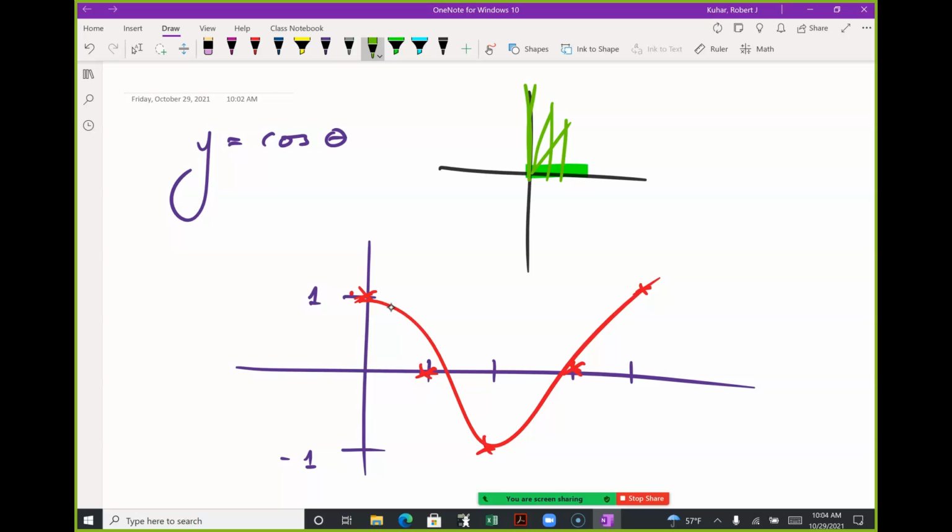It's getting smaller. When I get all the way to the vertical, there is no base anymore. That's my 0 here. And then just follow that base around. It's getting bigger again, all the way to the end. But it's in the negative x direction, so it's -1. Are you following me with that, the cosine curve?